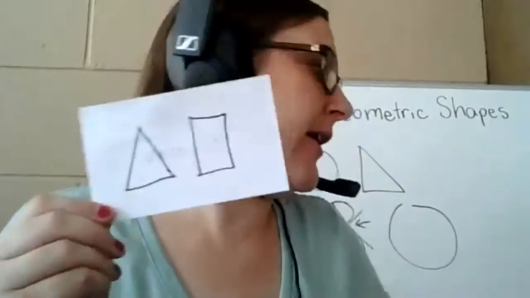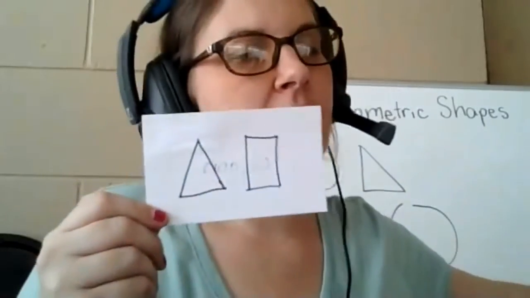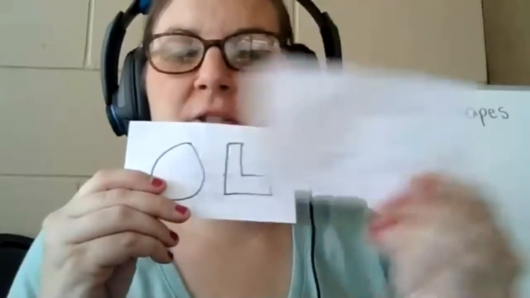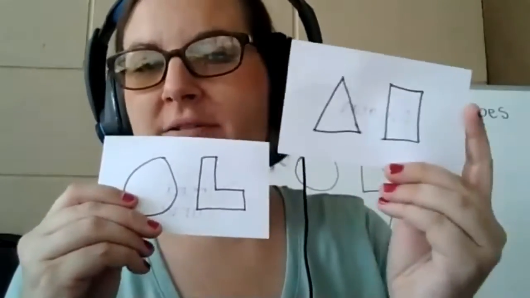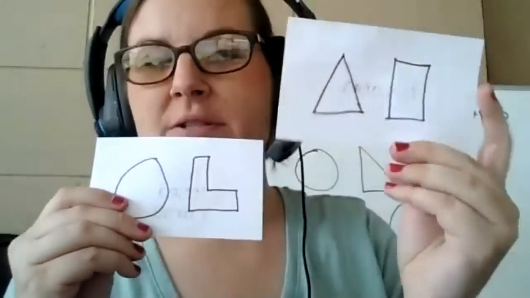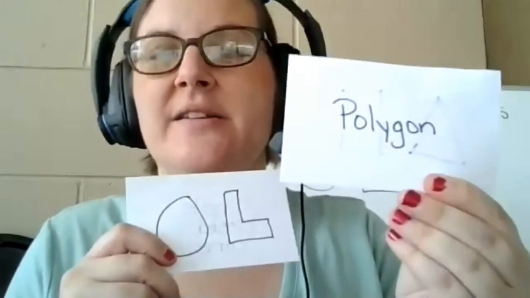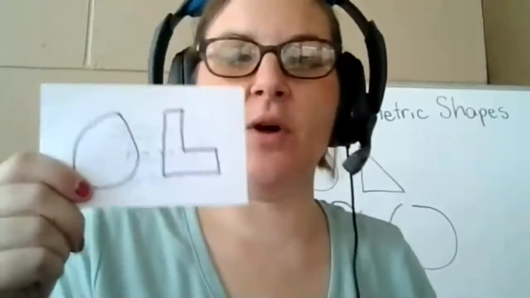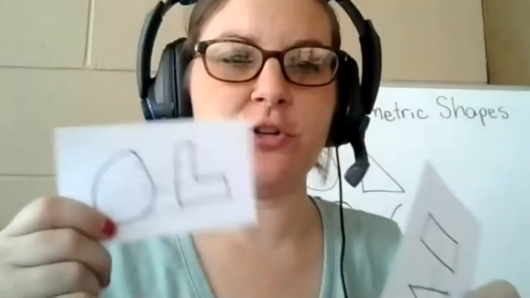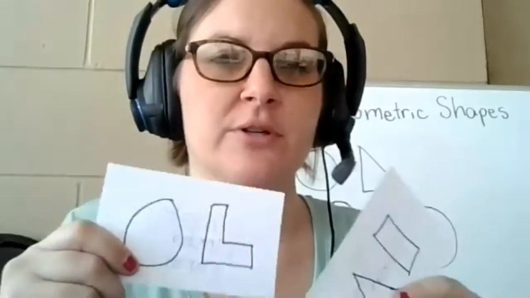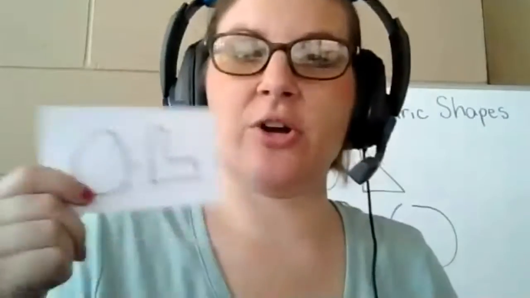This one is different than this one because this one had a circle, but this one is only made of lines. That's the difference. So a polygon has just lines. This one, it could be any shape. You could do a heart, a circle, or a side of a rainbow, as long as it doesn't cross.